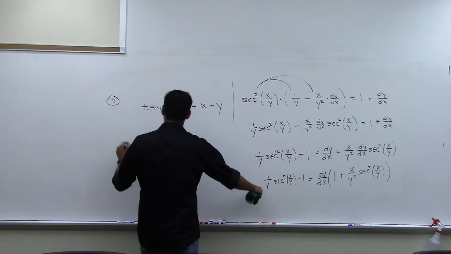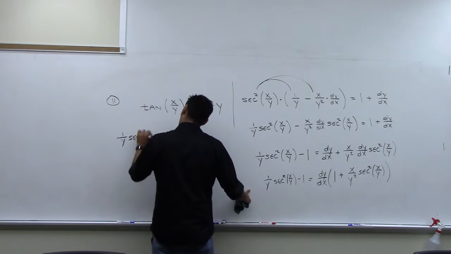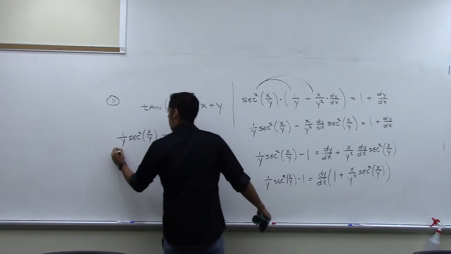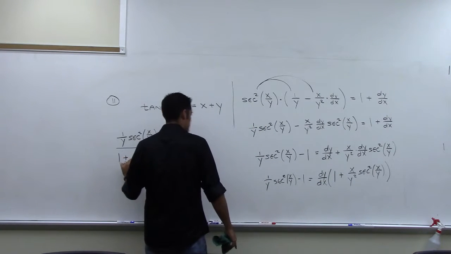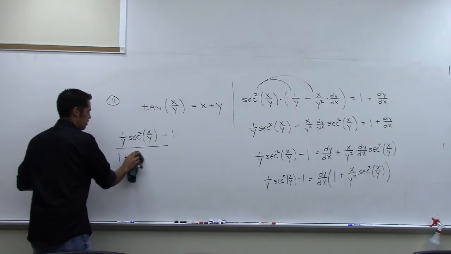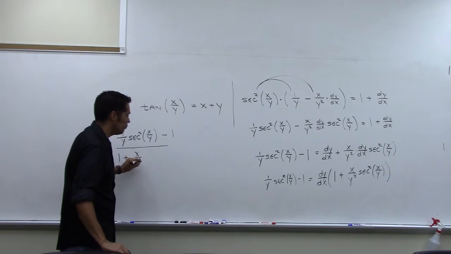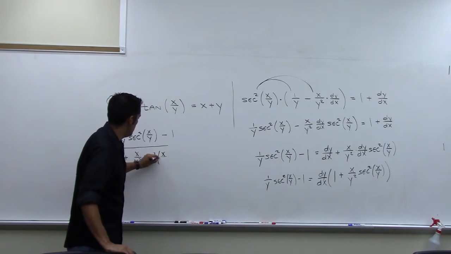So the left side will be 1 over y secant squared x over y minus 1 over this thing over here, which is 1 plus x over y squared, not x squared over y. x over y squared secant squared x over y.